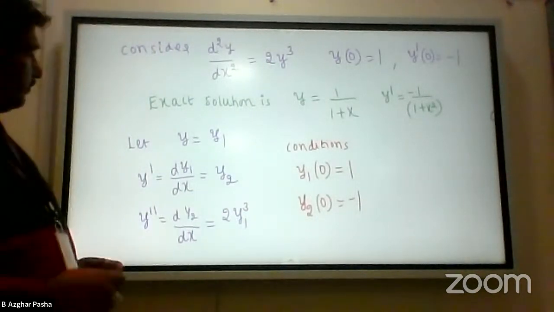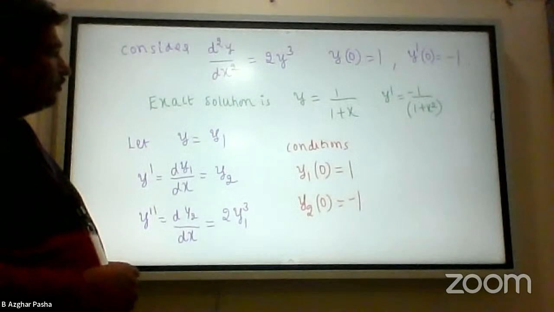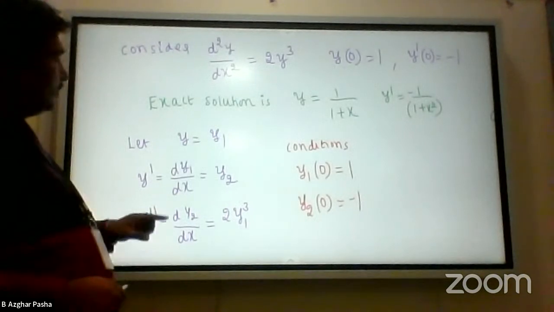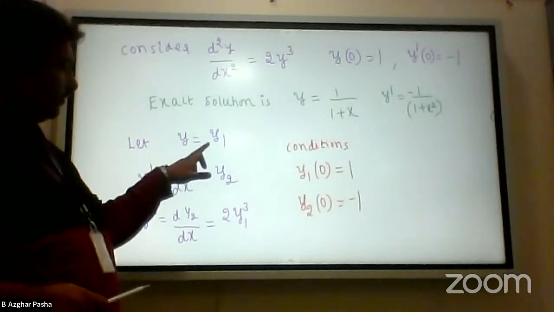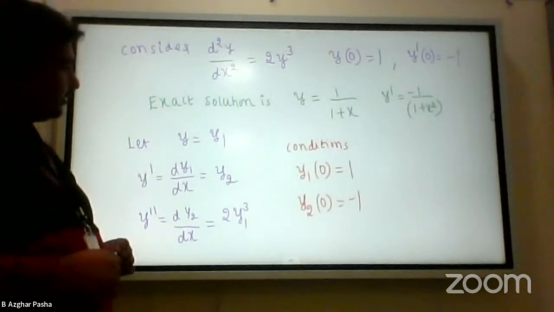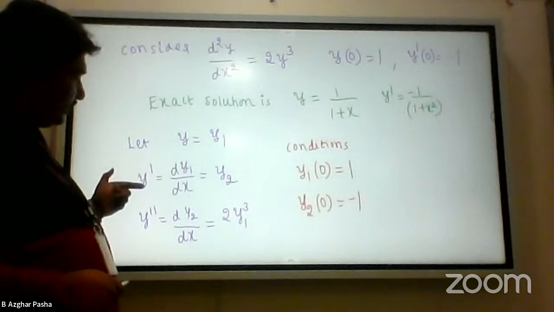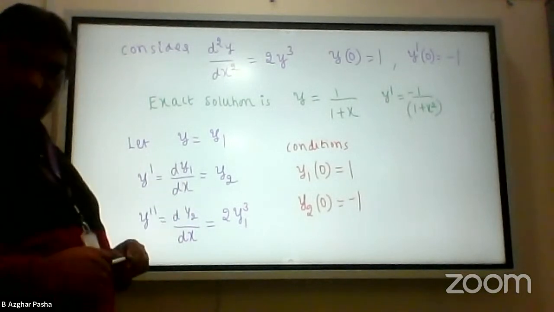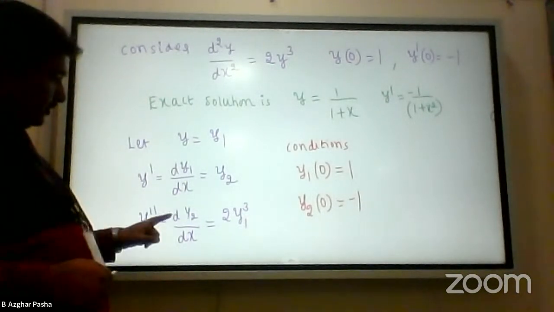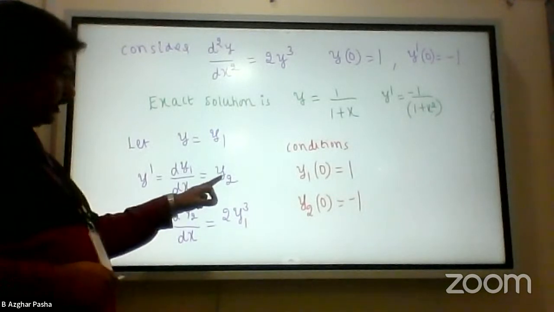What we do is we convert it into a system of first order ODEs like this. I call y as y1 so that I can easily program it. Derivative of y, y dash, called as y2. Y double dash is dy2 by dx, derivative of this.